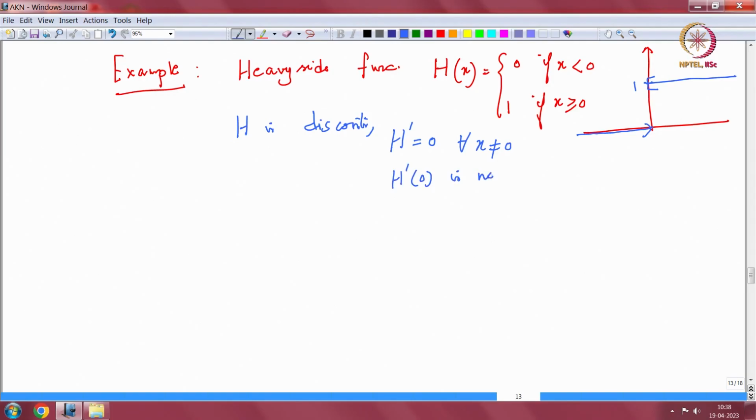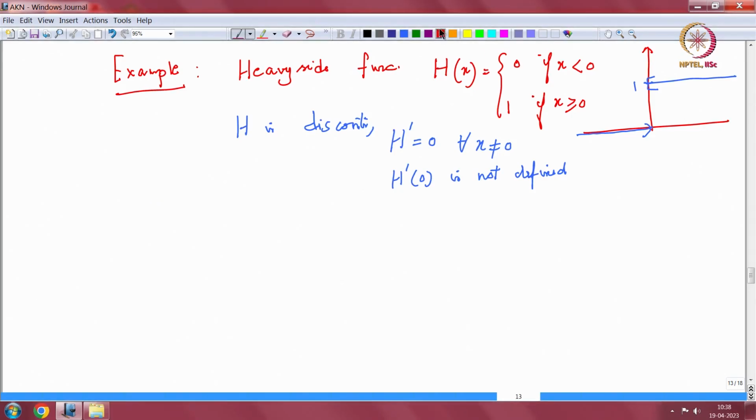Again, the difference between the previous function and this example is that the previous function was continuous, though f prime was not defined at the origin. Here also h prime of x is 0 almost everywhere, except at the origin, but there is a discontinuity. You see this discontinuity. So let us compute dh.